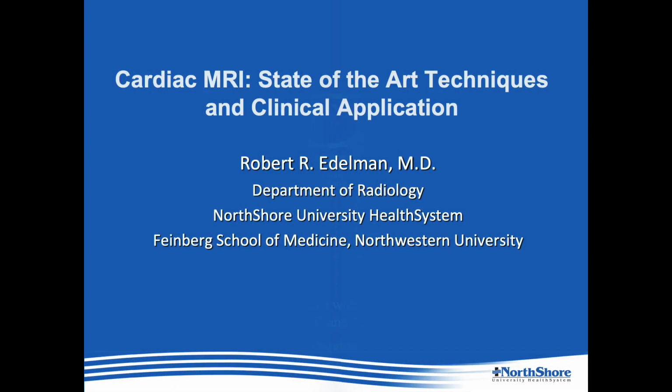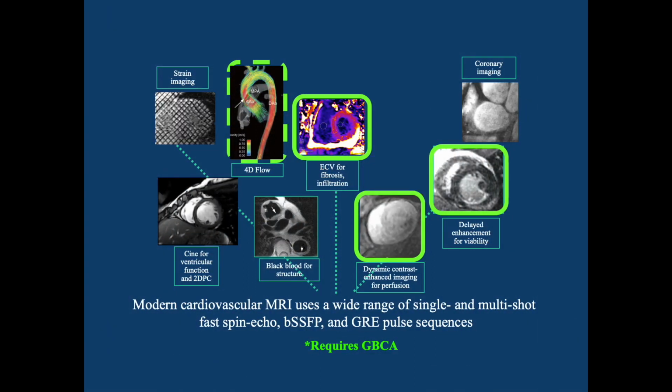In this talk, we will review the field of cardiac MRI, going into some of the techniques and clinical application. There are quite a few techniques available for cardiac MRI, in fact, considerably more than we usually use in other areas of the body.